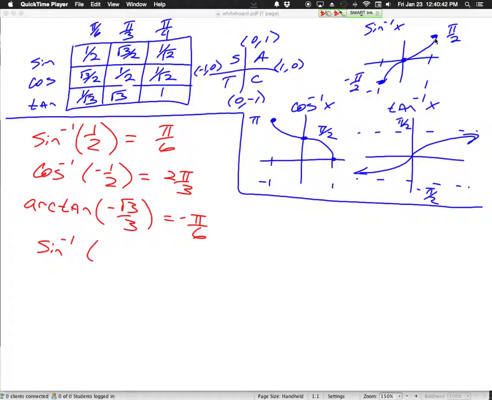Alright, inverse sine of negative 1. Give me that one.